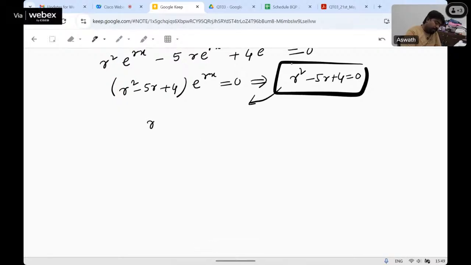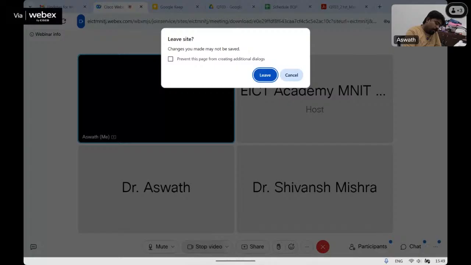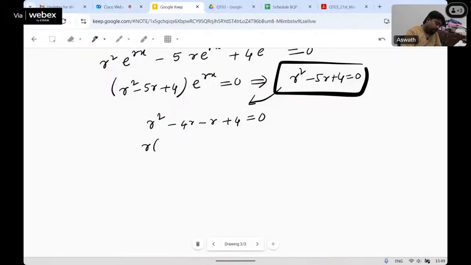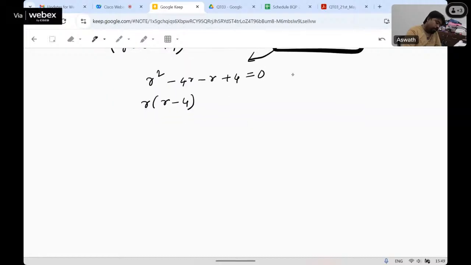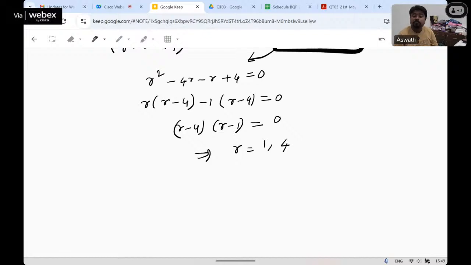Very simple. You can write it as r square minus 4r minus 1r plus 4 equal to 0. Take r common: r minus 4, and minus 1 common, r minus 4 equal to 0. So r has two solutions.